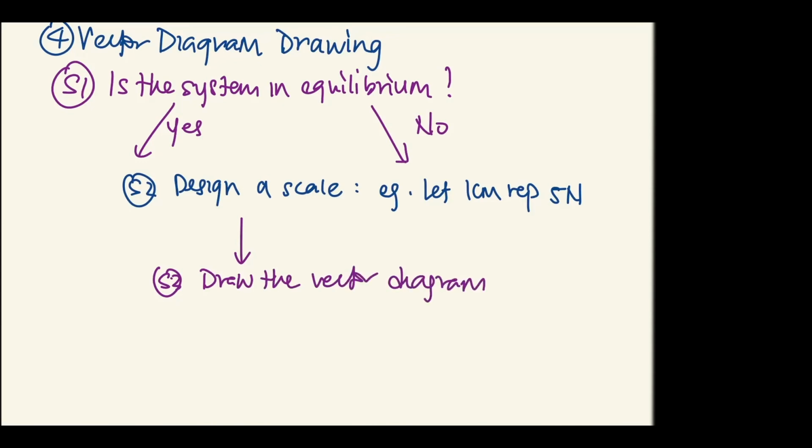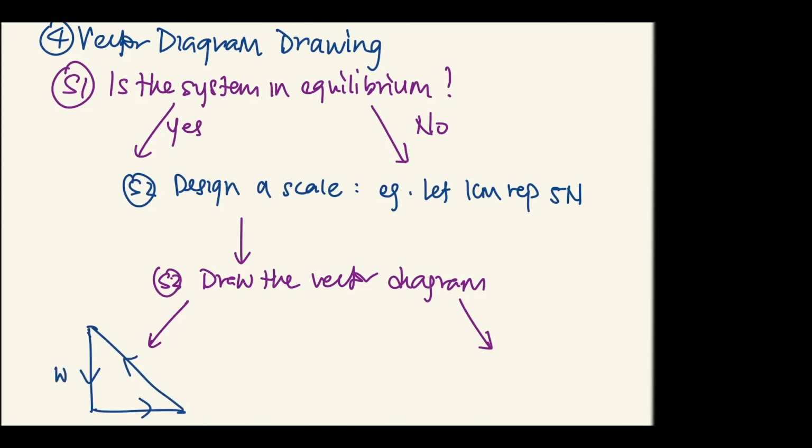Okay, so for the yes part, which we draw the vector diagram, I'm doing it for the yes, I'm doing it for the no. Okay, for the yes part, it's very simple. The yes usually means everything is very nice. What do I mean by nice? It means that if I have an arrow here, an arrow here, an arrow here, this is called in equilibrium.